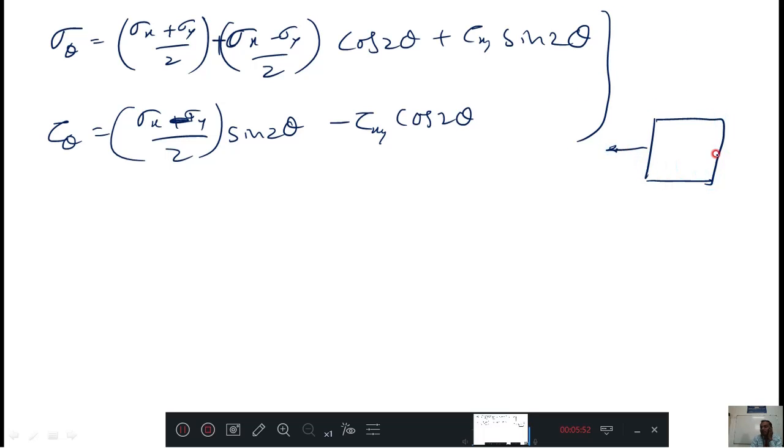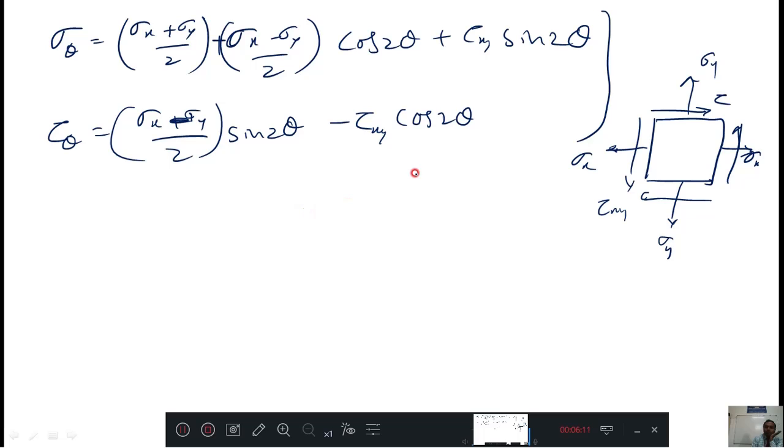particular plane, let us consider this plane has some sigma x and this plane has some sigma y, and this has some tau xy. For this particular plane, how many planes can I have? I can have a number of planes, by varying what? By varying theta. What am I keeping constant when I am varying theta?